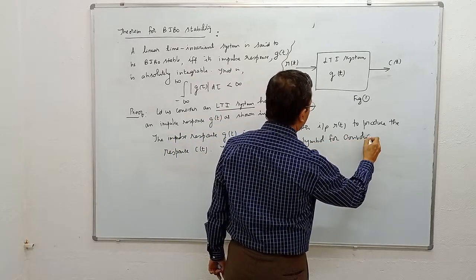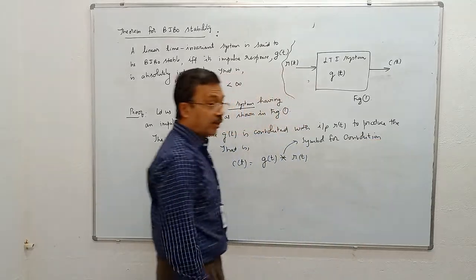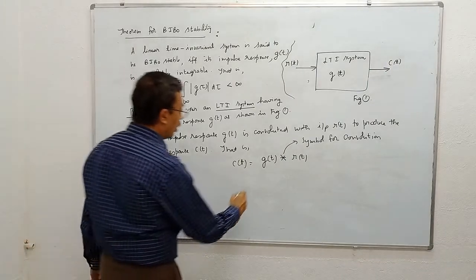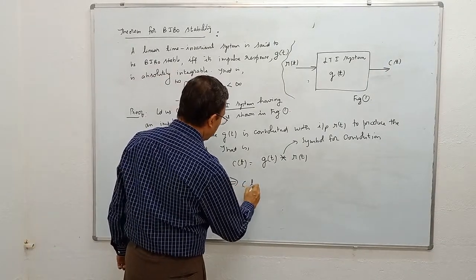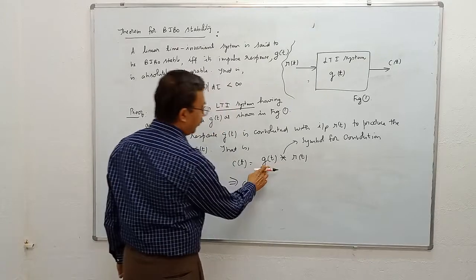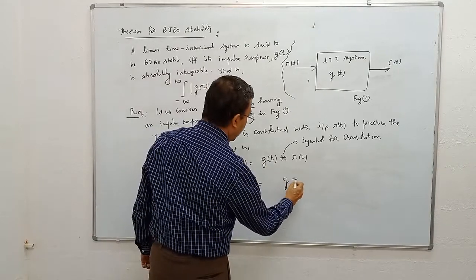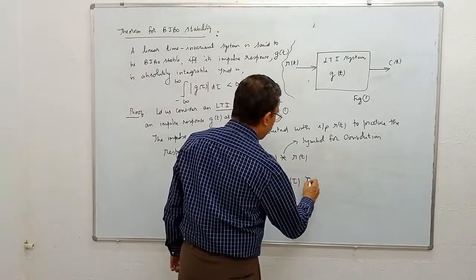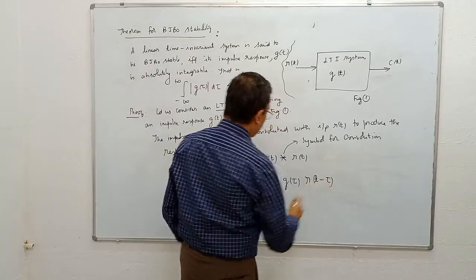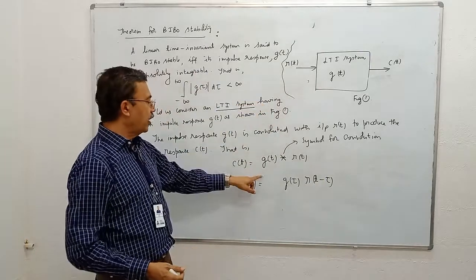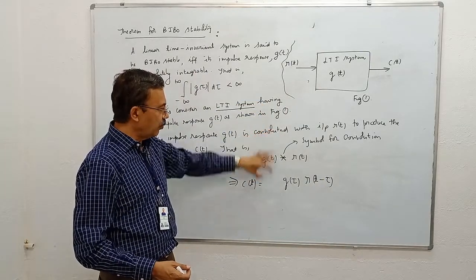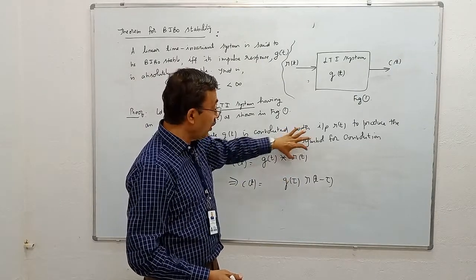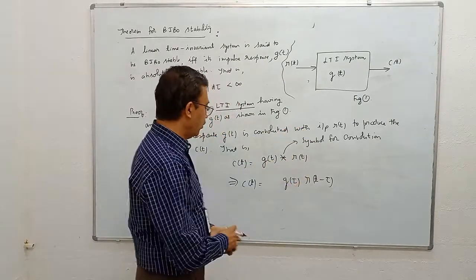Your teacher in signals and systems will teach you convolution in great detail. What is convolution? Convolution means in the first function replace t by tau. In the second function replace t by t minus tau. In the first function, that means in g of t, replace t by tau. In the second function, that is in r of t, replace t by t minus tau.